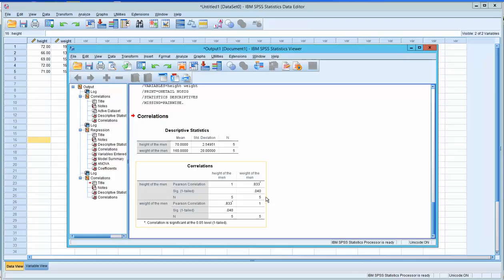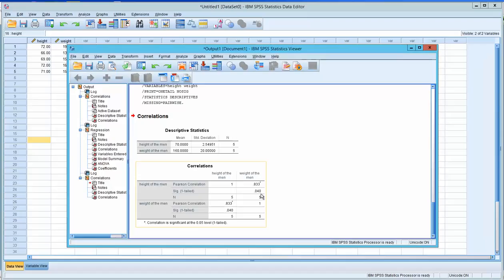This probability is telling you that the probability of getting such a correlation of 0.833 out of pure chance is 4 times out of 100. Now remember, from the earlier lectures, we said if you get anything that is 5 times out of 100 or less, then that cannot be said to be due to chance any longer. It must be due to something real that is happening.